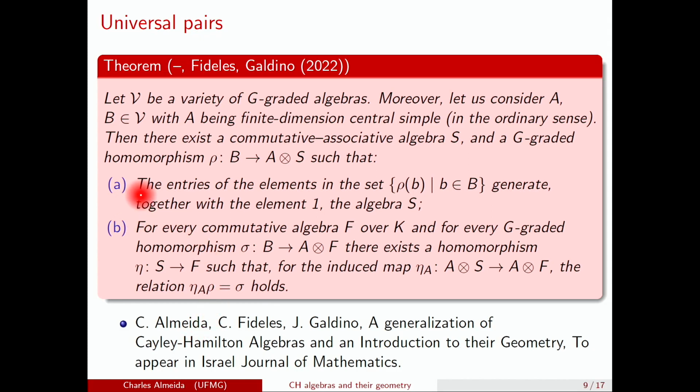The first property says that the image of B is finitely generated, and the second property is a universal property of this Ho and this S. So this is how you should read this result.